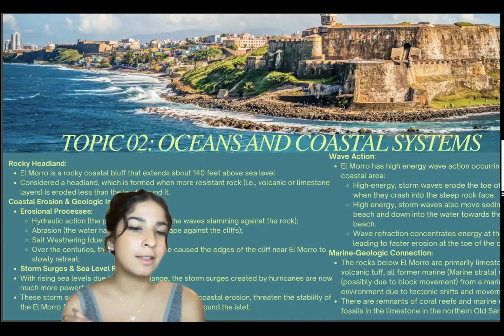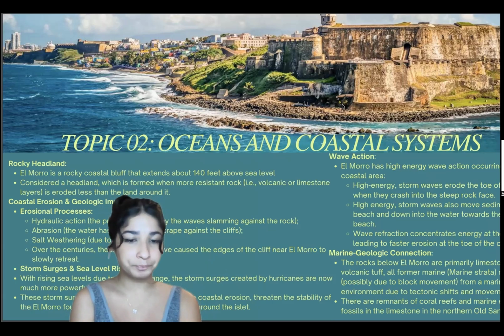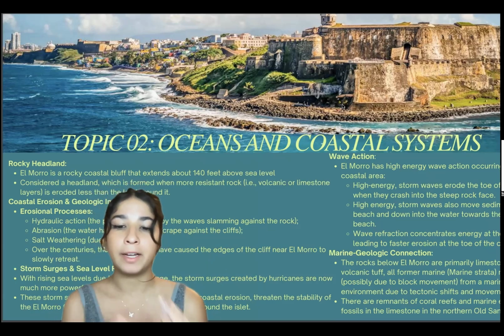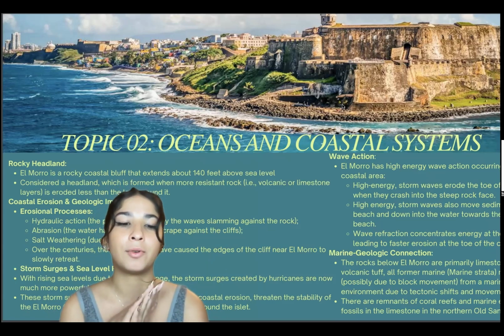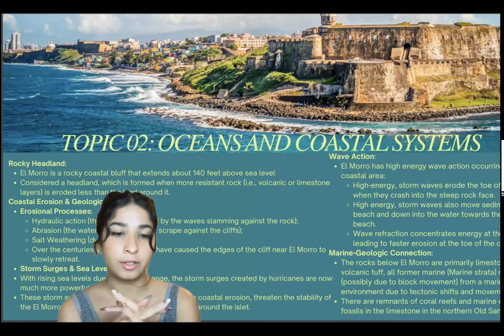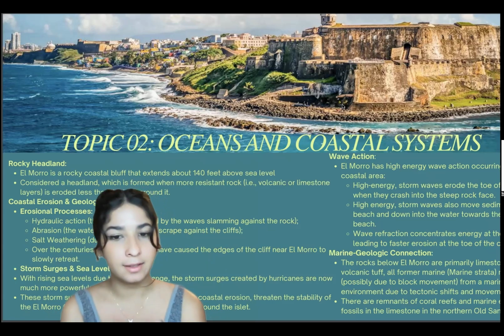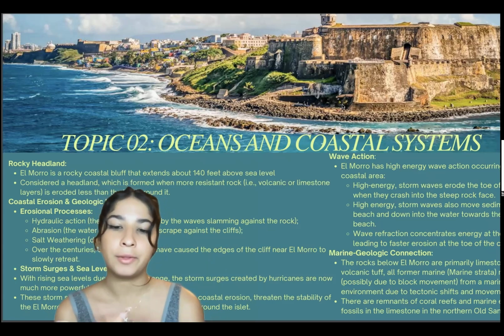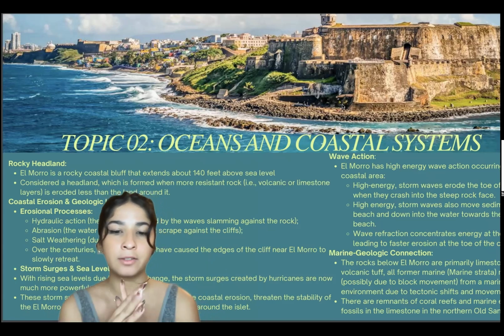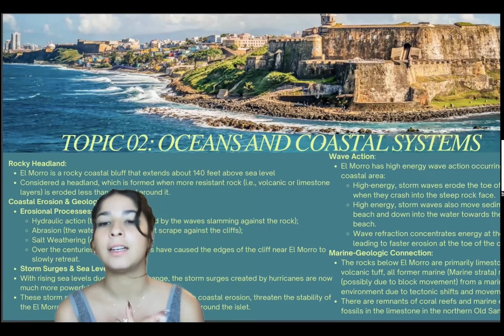With storm surges and sea level rise due to climate change, the storm surges created by hurricanes are much more powerful. As a result, these storm surges have the potential to accelerate the coastal erosion, threaten the stability of the Morro foundation, and alter sediment patterns around the islet.